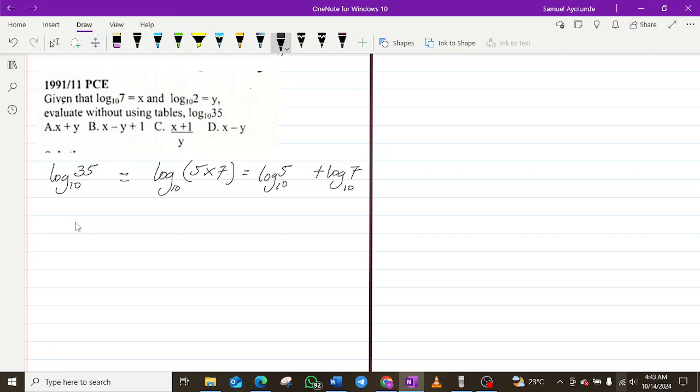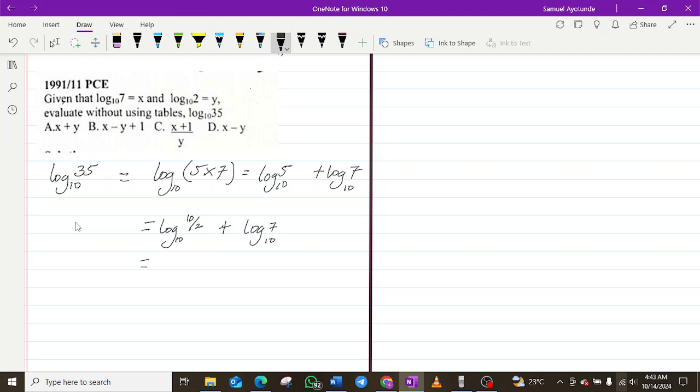So we were not given any number to substitute for log 5 base 10. So let it be. We just break it down further to 10 and 2. 10 over 2 is the same thing as 5, just like we did in the last question. So it will be 10 over 2 replacing 5. Then we have log 10 over 2 base 10 plus log 7 base 10.